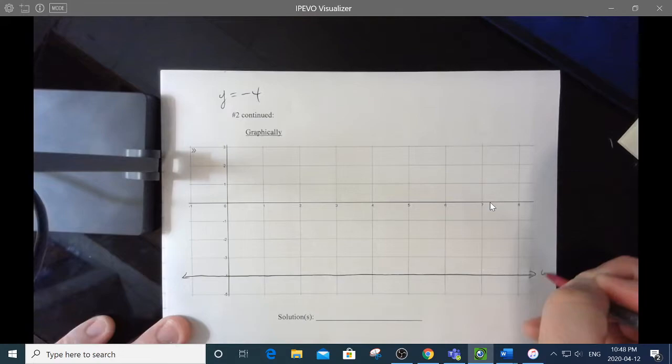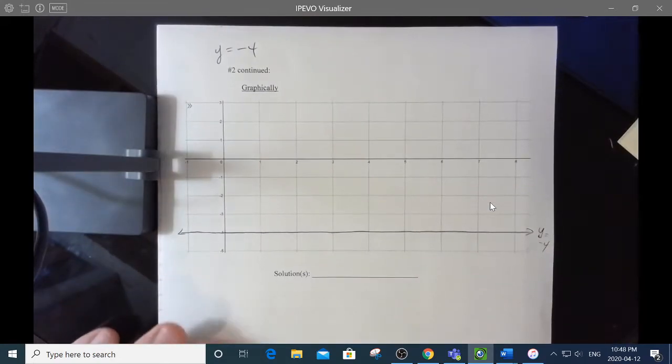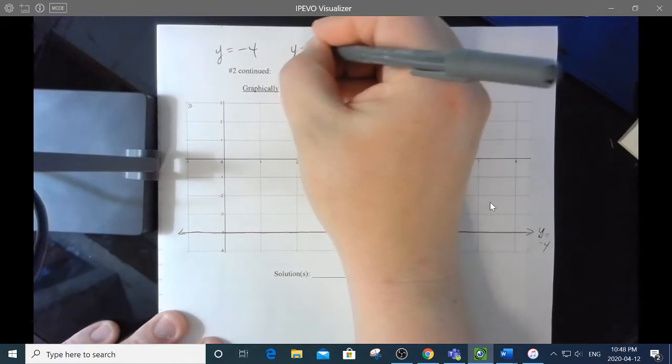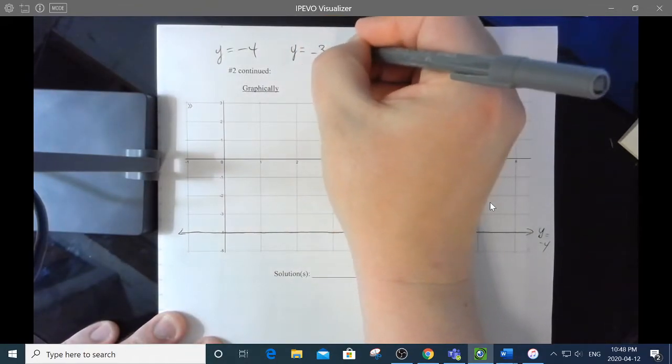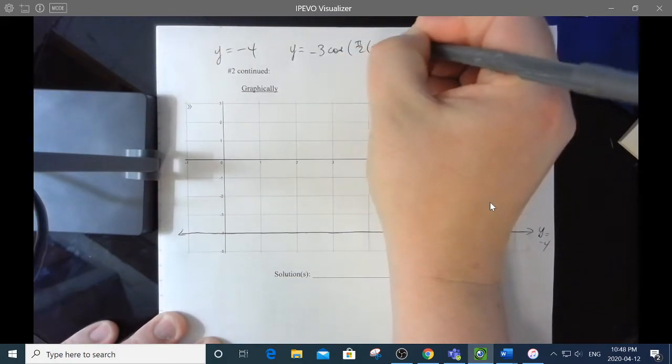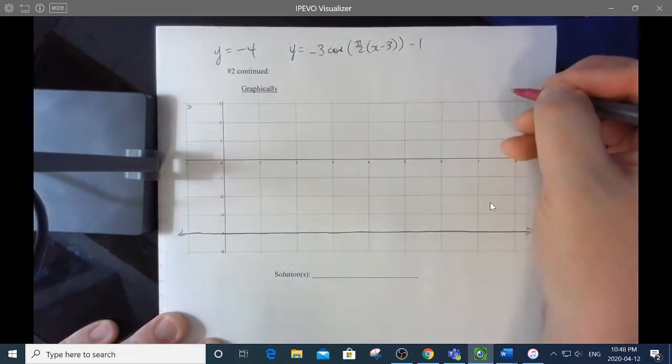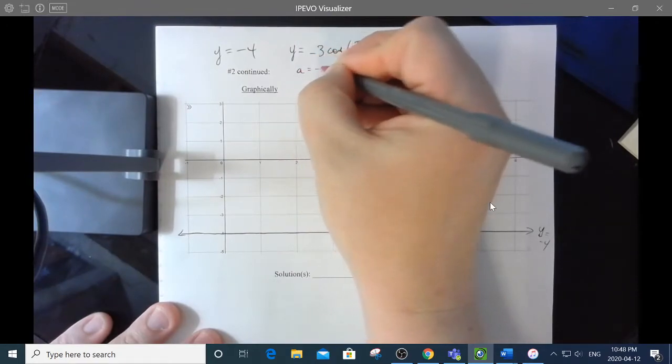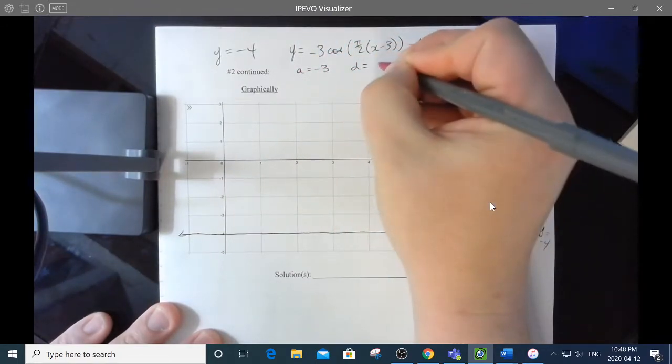Easy enough. Seem to be freezing a lot today for some reason. There we go. And we're going to graph now y equals negative 3 cosine of pi by 2 x minus 3 minus 1. Okay, so a is negative 3, d is negative 1.